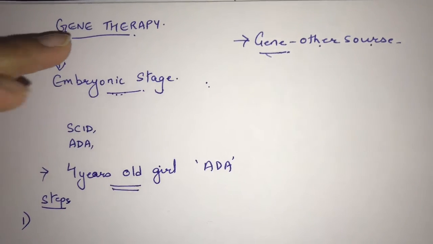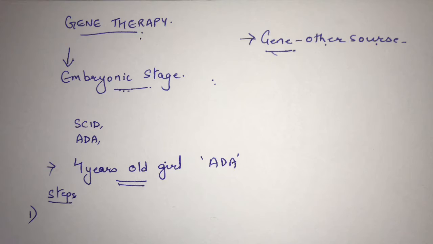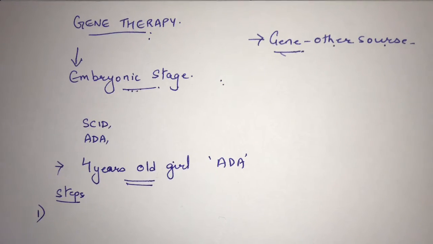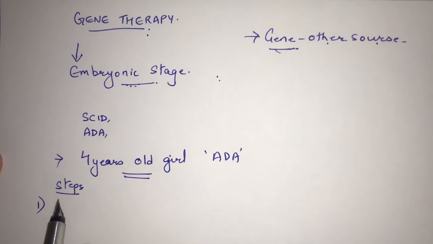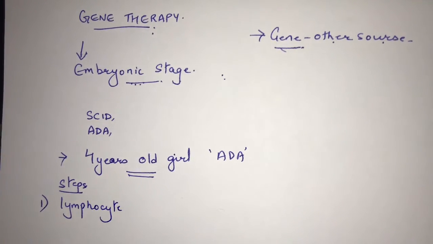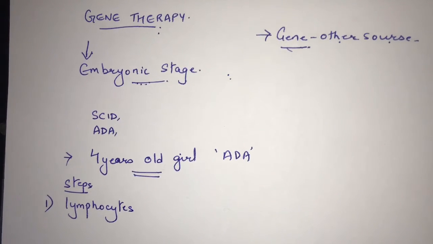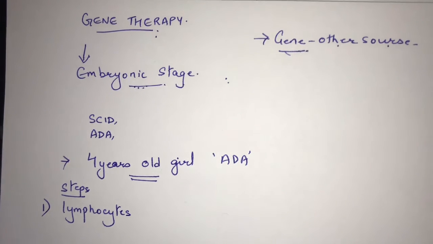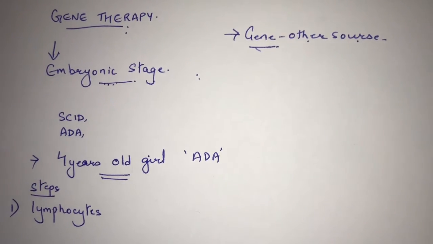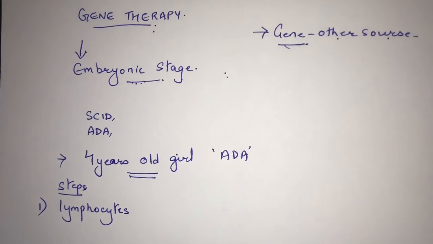We have to look into the steps of how it is done. Number 1 is lymphocytes, that means white blood cells, from the bone marrow of a SCID sufferer, or any patient who is undergoing genetic disorders.